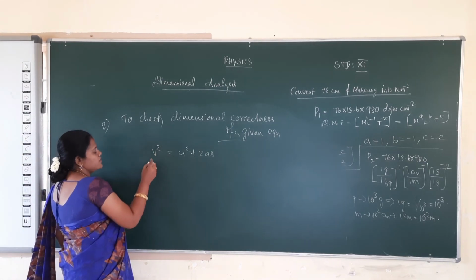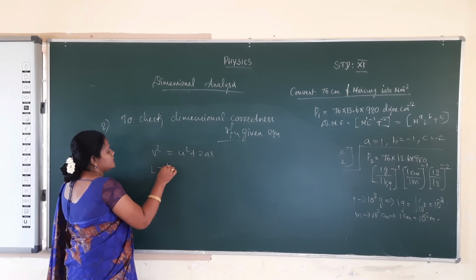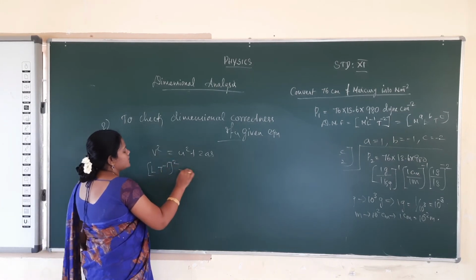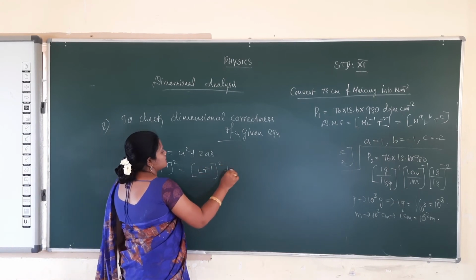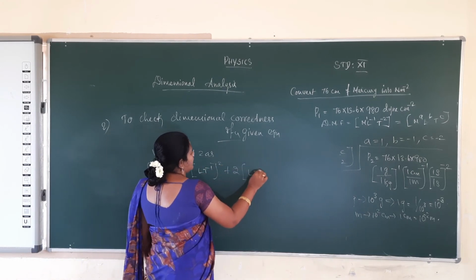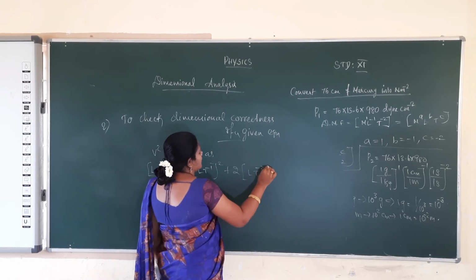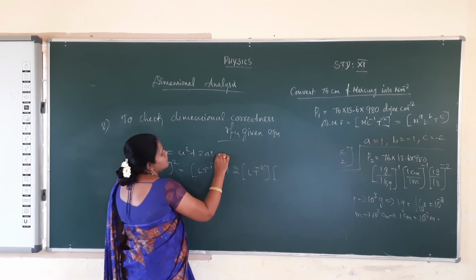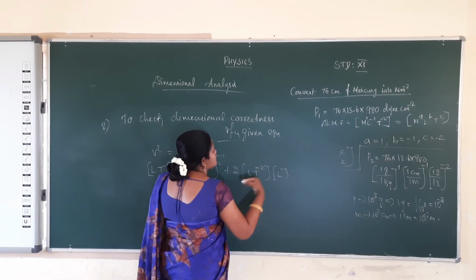V is velocity, so the dimensional formula for velocity is LT power minus 1, the whole square, is equal to LT power minus 1 the whole square plus 2 into acceleration. The acceleration formula is LT power minus 2, and S is displacement, which is mentioned as L.